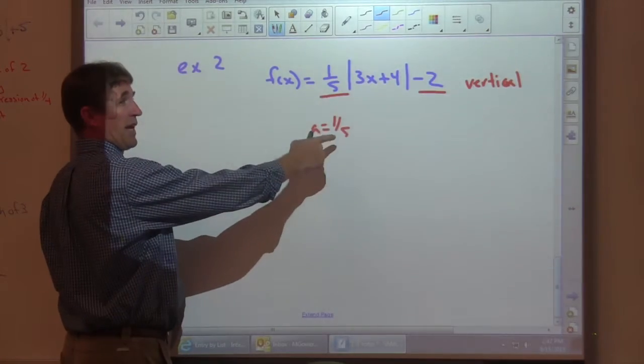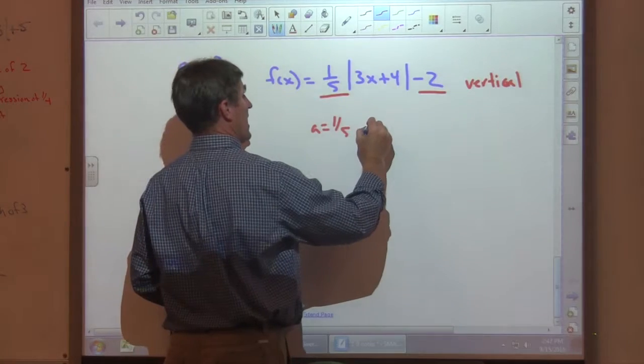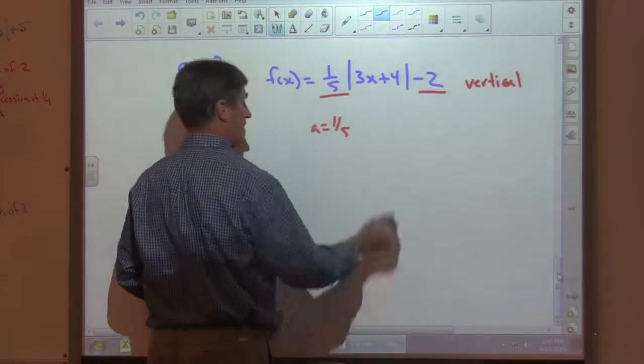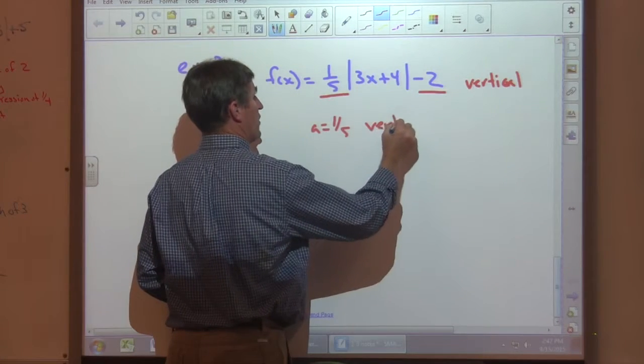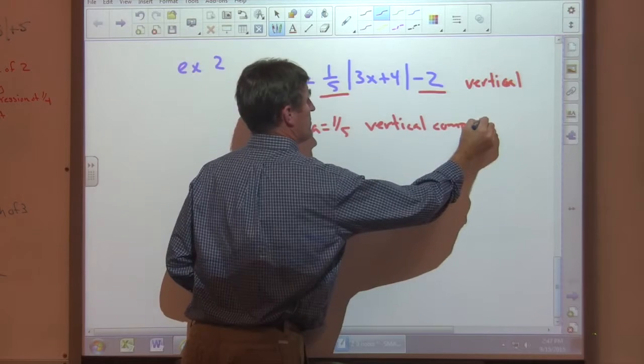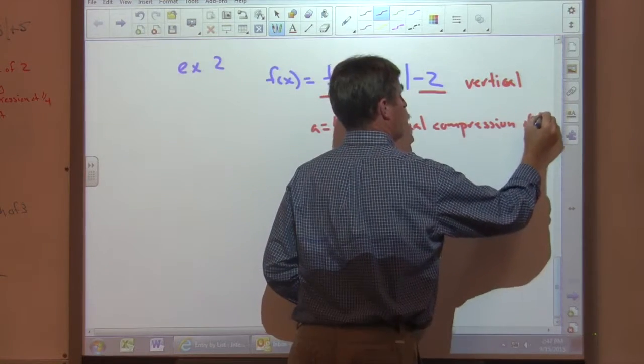The absolute value of that is still 1/5. It's less than 1, so it is a vertical compression. Just tell what way it is. So vertical compression of 1/5.